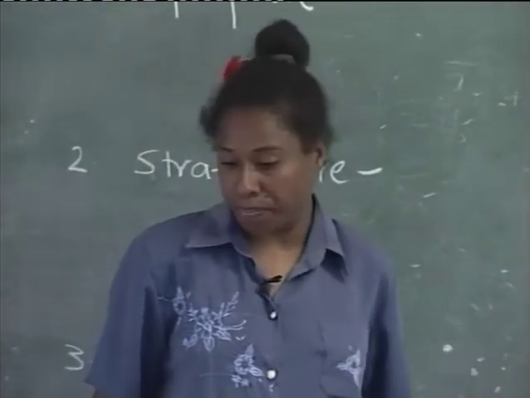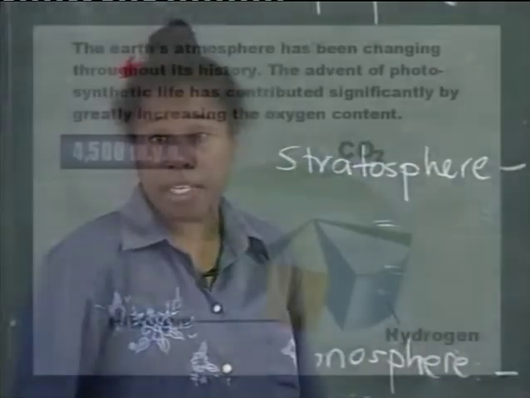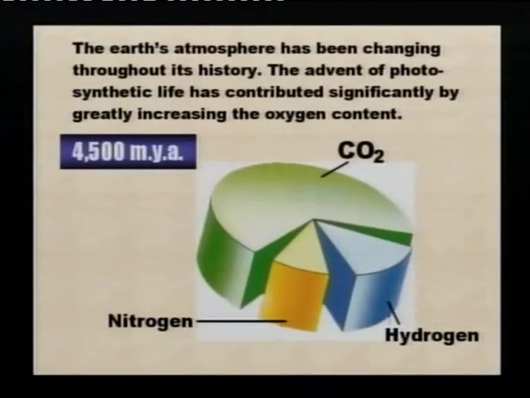We looked at the proportion of the different gases in the atmosphere and the changes in the proportion and the type of gases in the atmosphere from when the Earth was first formed, which is 4,500 million years ago. We had oxygen present, hydrogen and nitrogen, and the pie chart should be able to show us the proportion of those 3 different gases.